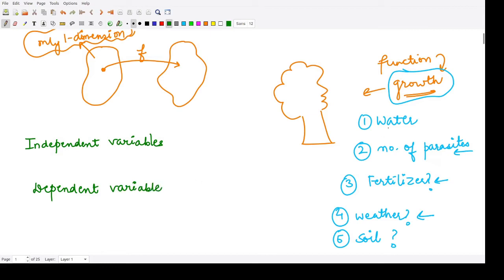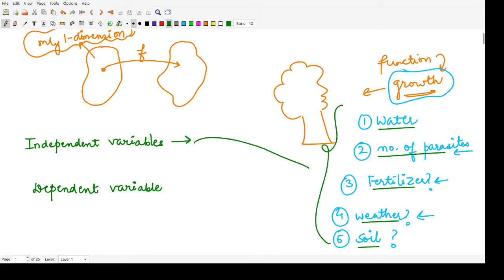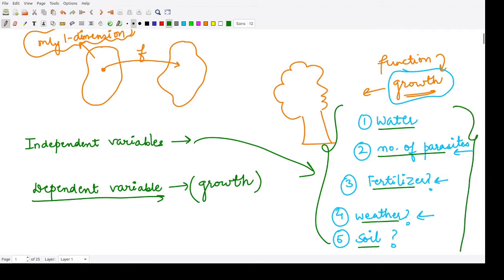In this case, all these 5 things are independent of each other, because weather does not affect soil as such, and it does not affect how much fertilizer has been used for the present tree. So all these are the independent variables, whereas the dependent variable is the growth, which depends upon all the other independent variables, right? So that is the dependent variable.